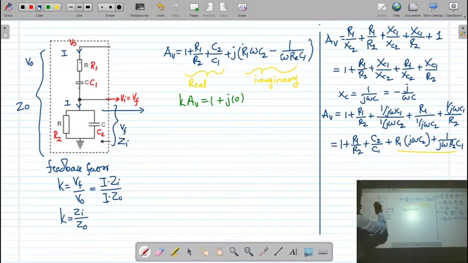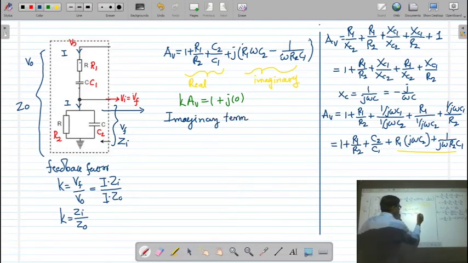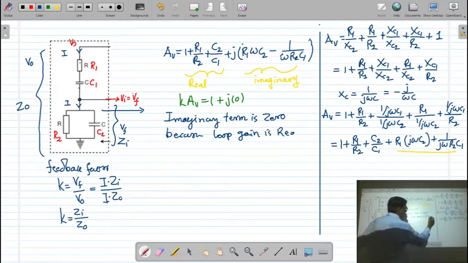In the oscillator, the loop gain is always real and the imaginary term has to be 0. So we can write that the imaginary term is 0 because the loop gain of the amplifier is real. Correct? So what is my imaginary term?